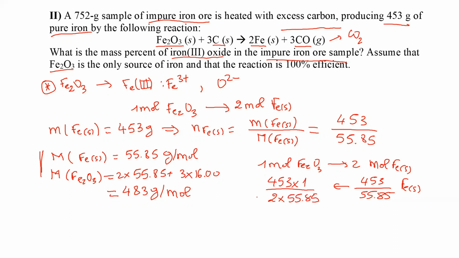So this is the number of moles of iron oxide. So from the number of moles, I can deduce the mass of iron oxide. So here the formula: the mass of iron oxide initially will be equal to the number of moles times the molar mass.